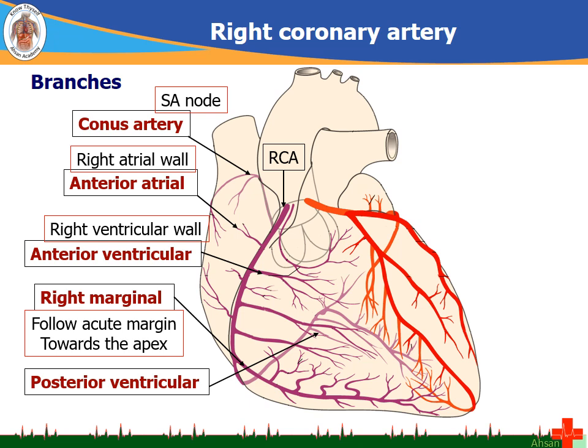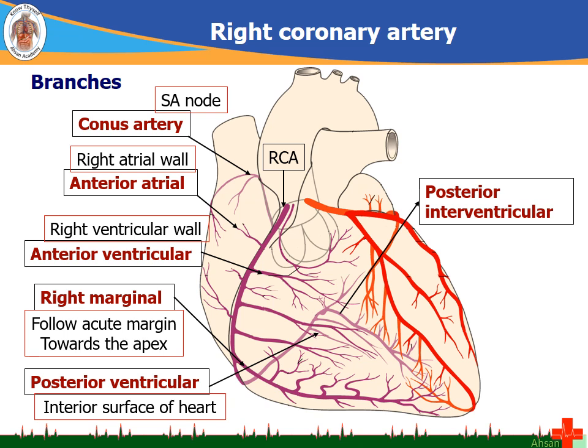This gives ventricular branches to the posterior wall, and these arteries are known as posterior ventricular arteries. And then it gives the final branch, that is the posterior interventricular artery, and continues into the atrioventricular groove, and finally anastomoses with the circumflex artery of the left coronary artery.